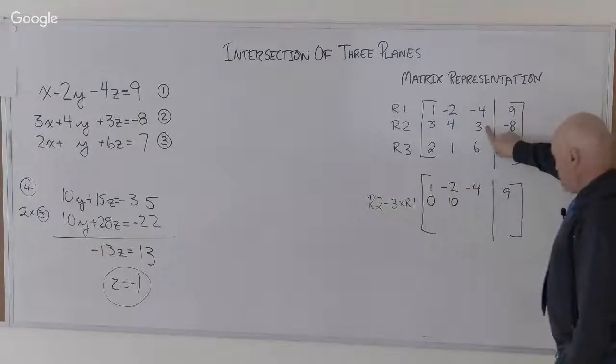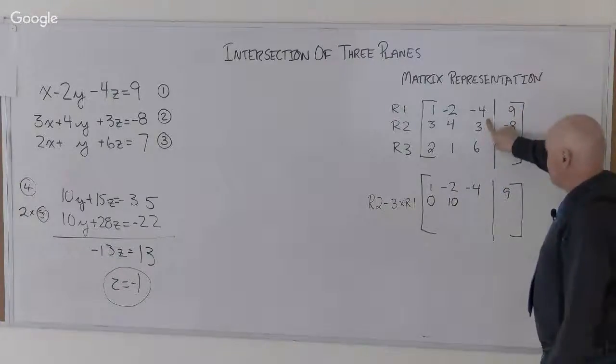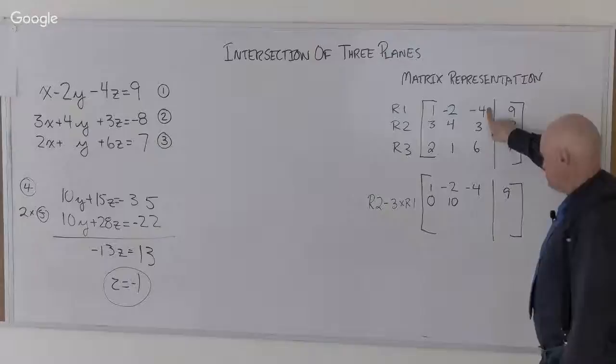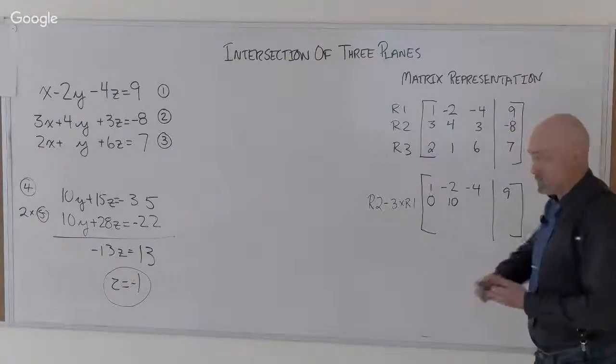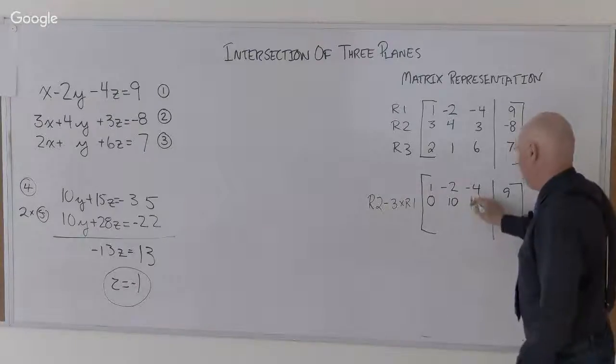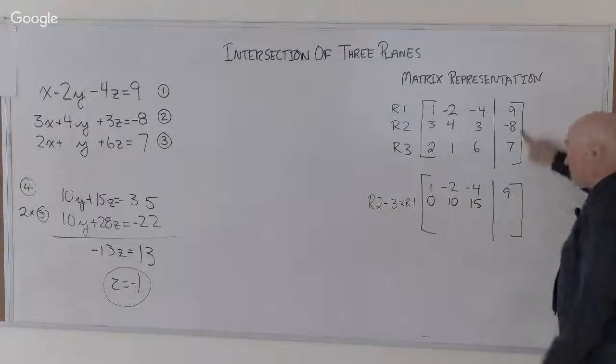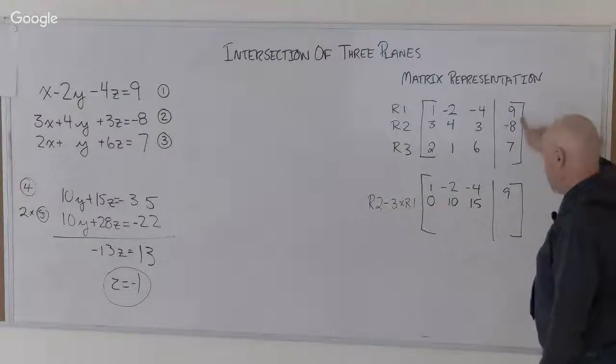Yes. 3 minus 3 times -4, 15. 3 minus 3 times 15. Yeah, you're right. This is where we made our mistake last time, so let's not do this.